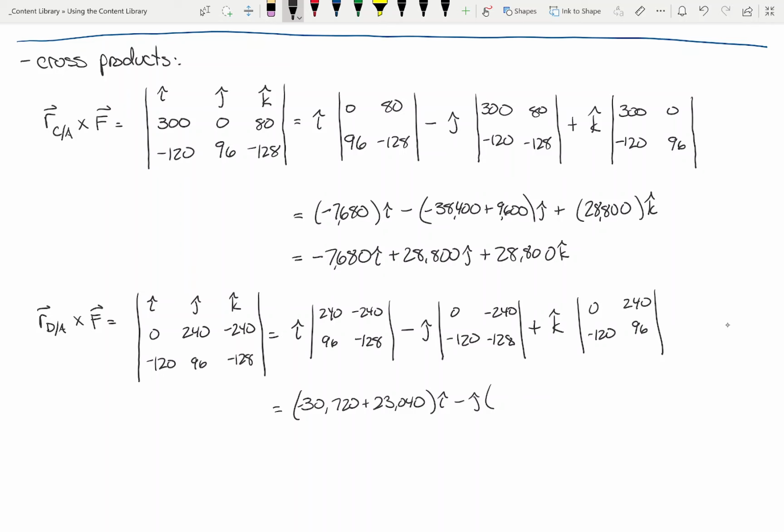So negative that plus k. And then, what do we have? This times this minus that product's negative, so it's going to be positive. So 28,800. And so what do we get? We get negative 7.